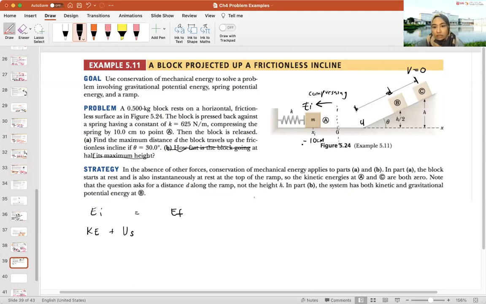So this is our initial, and this is going to be our final. Final kita akan ada UG. But, how do we solve this? UG, boleh ke kita nak solve macam tu? So KE, US dah tak ada, kita akan ada UG.